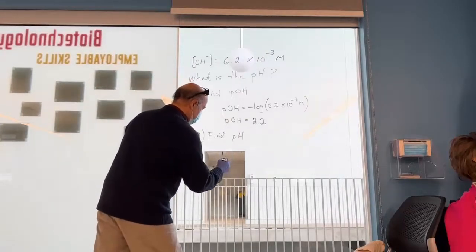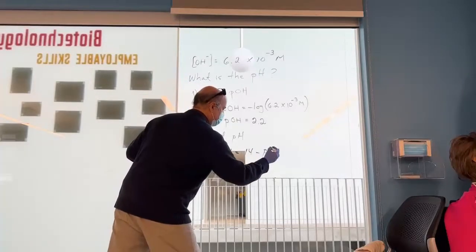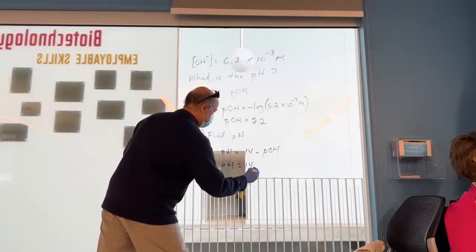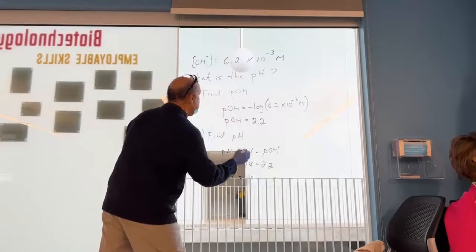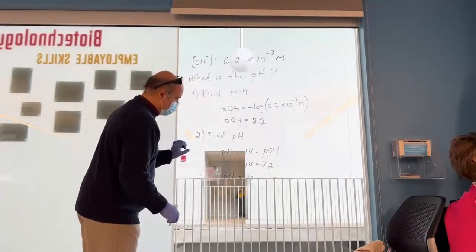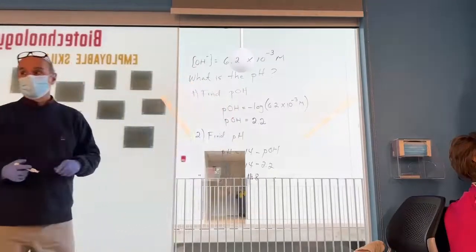So pH equals 14 minus pOH. pH equals 14 minus 2.2. The pH of said solution is 11.8. And that's it. That's how you do it.